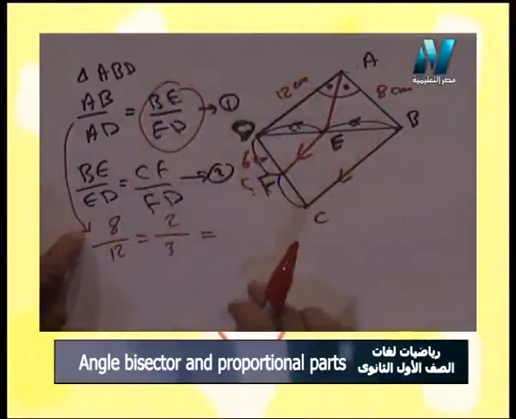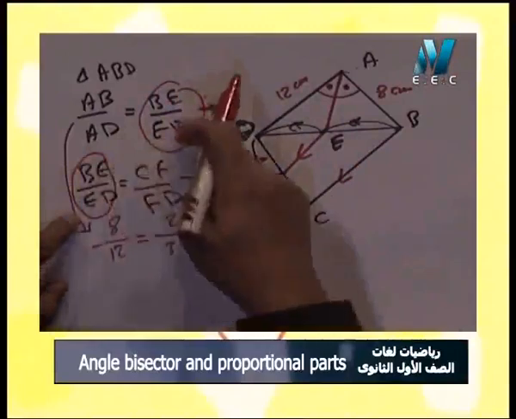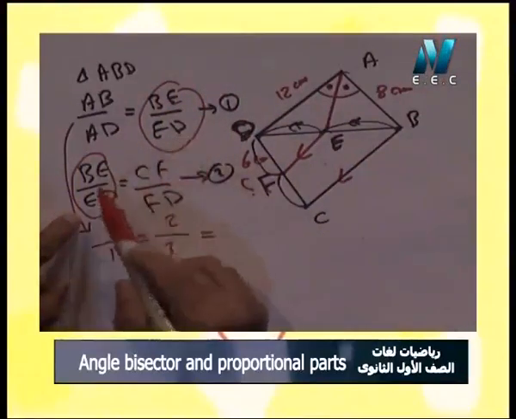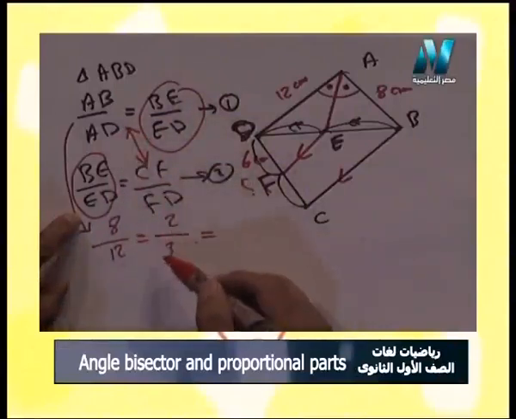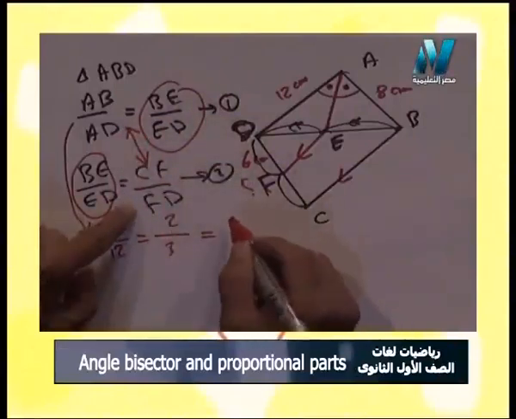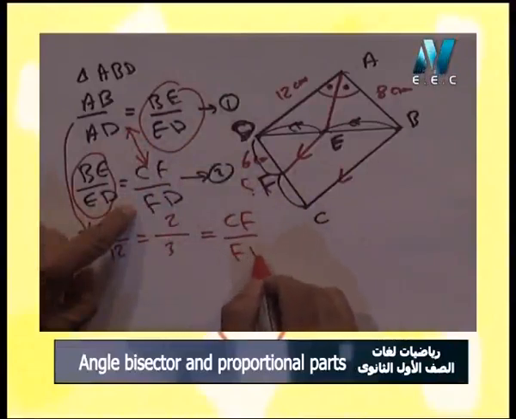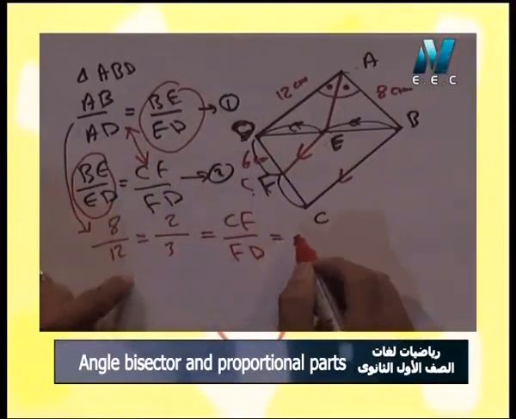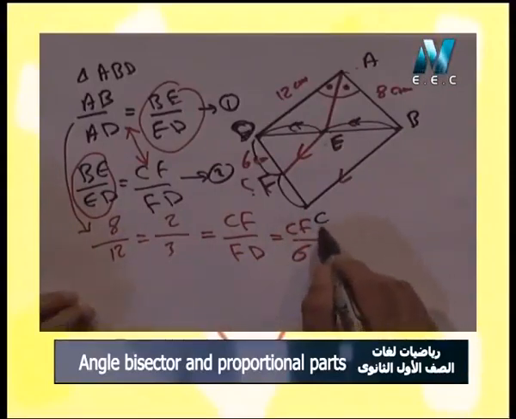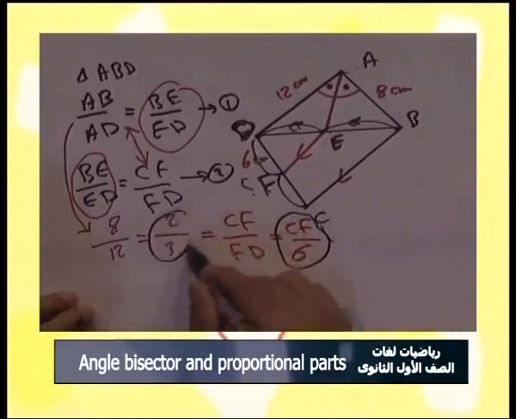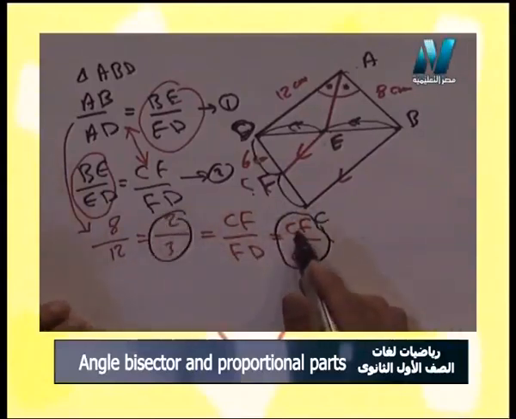And from the other triangle, we have BE over ED, the same ratio from the first triangle and second triangle. So we can say that this ratio, which is 2 over 3 now, equals CF over FD. We have FD equals 6 centimeters, and CF we don't know its length. So concentrate with this ratio and this ratio to find the length of CF.